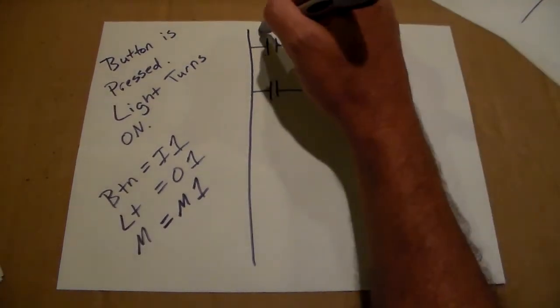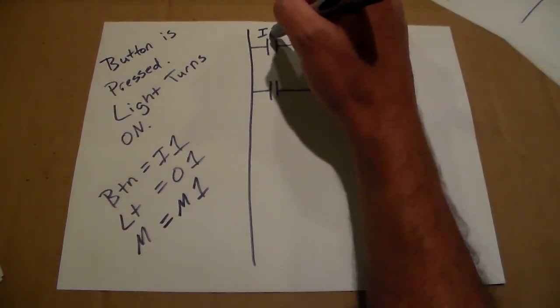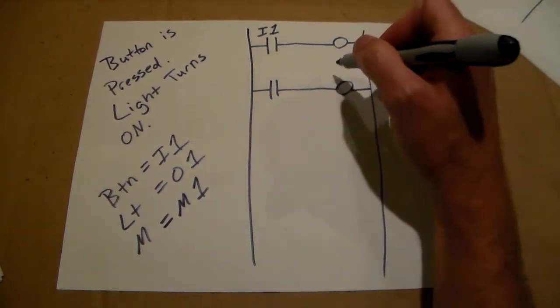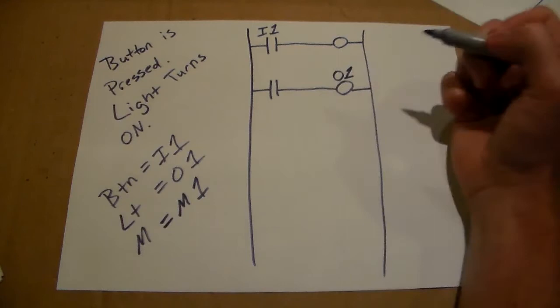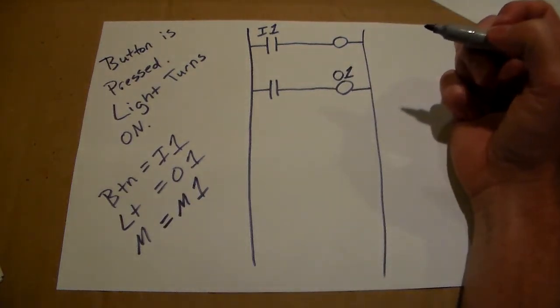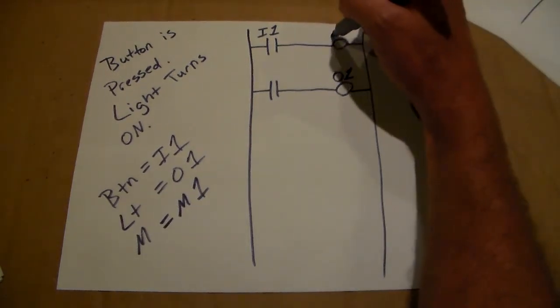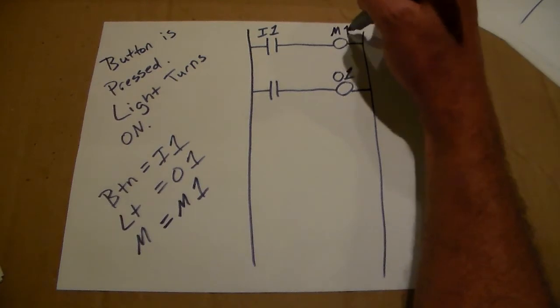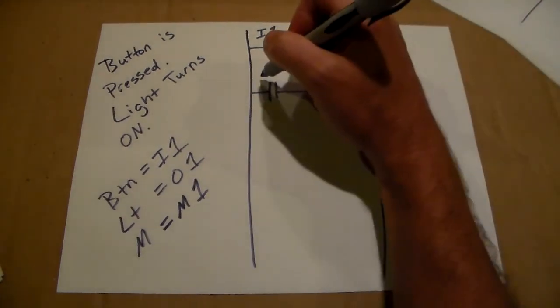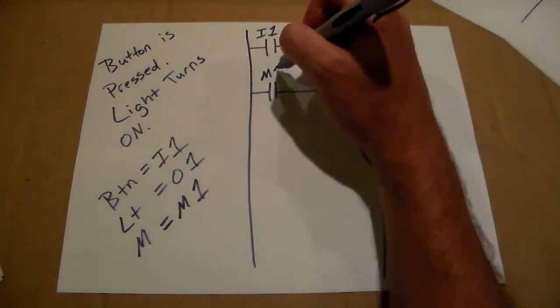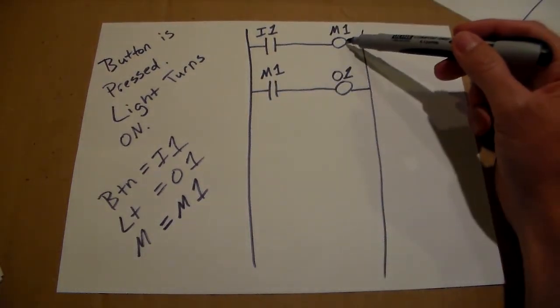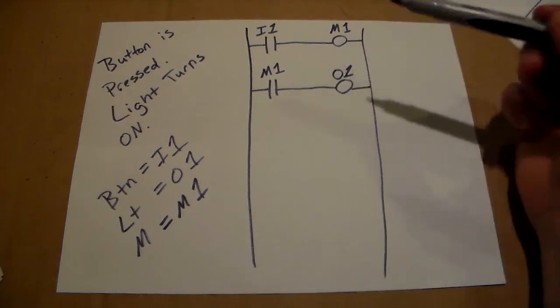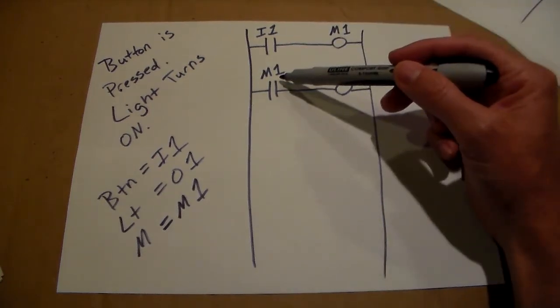So in the last one we had our input 1 turning on output 1, and in this one we're going to have input 1 up here and output 1 down here on separate rungs, okay? And we're going to use internal memory to connect the two. So what you notice is we have a coil with the address M1 and a contact with the address M1.